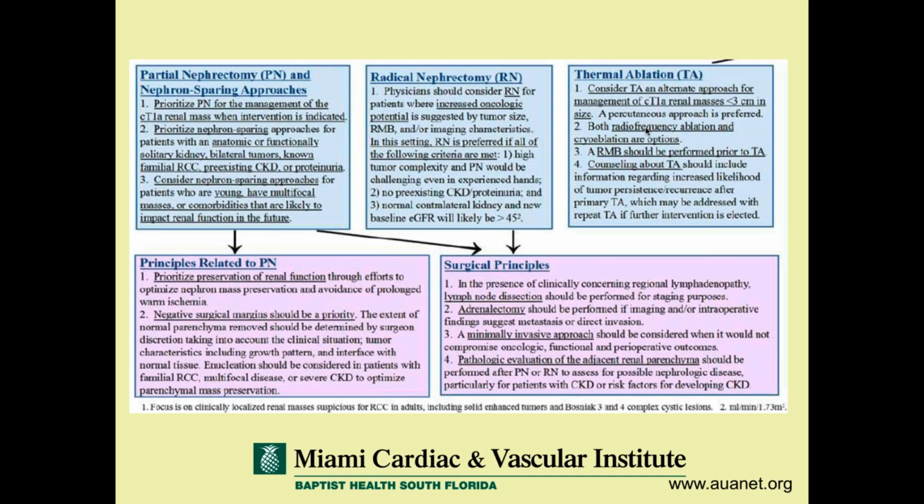And this 3 centimeter rule, if you remember one thing today, is the one to remember. The second important thing is that renal mass biopsies should be performed, particularly in patients prior to thermal ablation. And when you speak to patients about thermal ablation, be sure to discuss the fact that they may have a recurrence that may require secondary treatments, which are a lot less morbid with thermal ablation than other therapies.